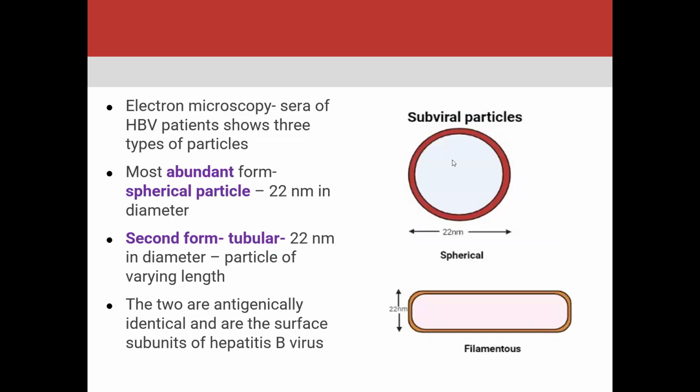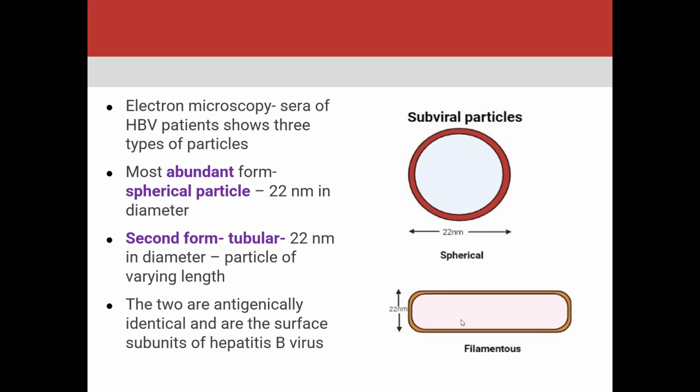Next, when we observe the serum of the patient under the electron microscope, it shows three types of particles. The first form is the abundant form, which we can see in larger numbers. It is a spherical, round particle, 22 nanometer in size.